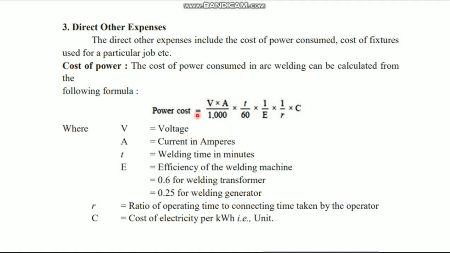V is voltage, A is current in amperes, T is welding time in minutes, E is efficiency of the welding machine, R is ratio of operating time to connecting time taken by the operator, and C is cost of electricity per kilowatt hour or per unit.